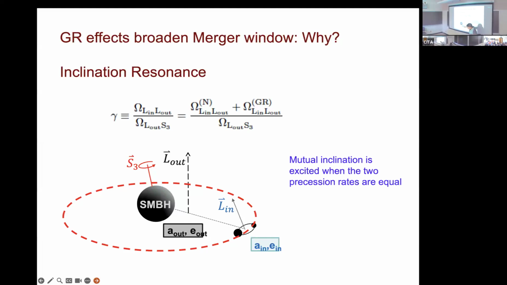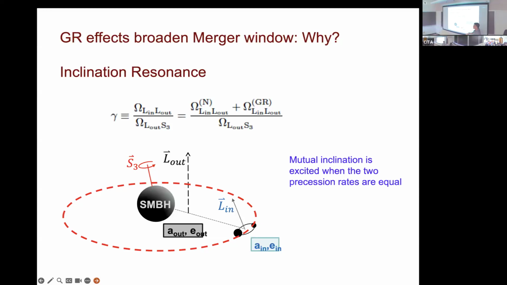That's what I'm talking about here: the precession frequency of L out relative to S, the frequency associated with this. On the other hand, this is the binary we care about. L in is also precessing around L out because you have this Newtonian precession, and this is essentially the Lidov-Kozai effect.